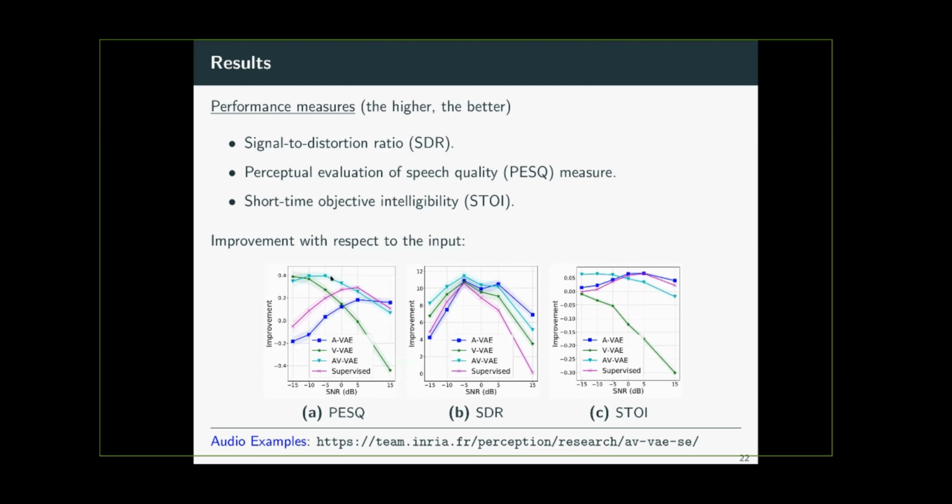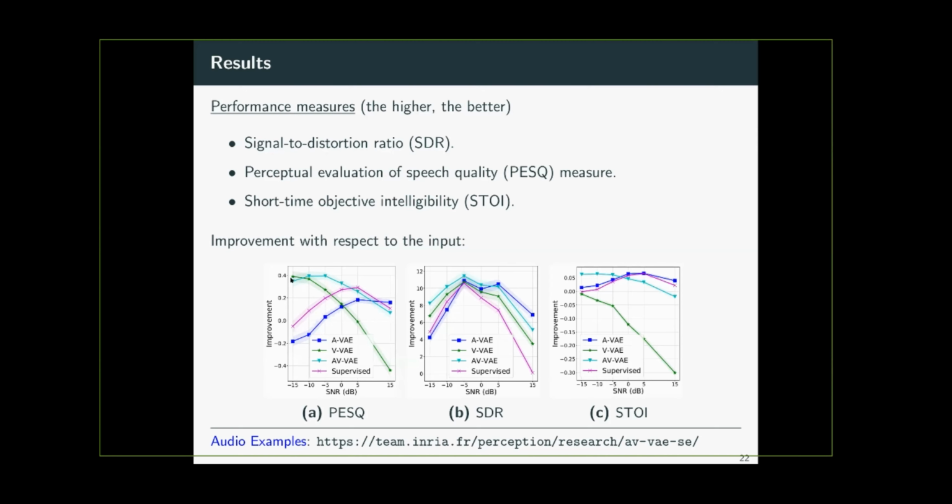You can see here that in very low SNR cases, meaning that the noise is very high, of course, the audio-only enhancement is very bad. This is the blue curve. The video-only enhancement is very good.